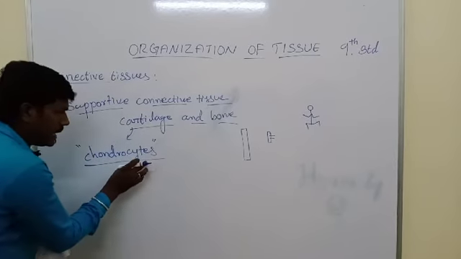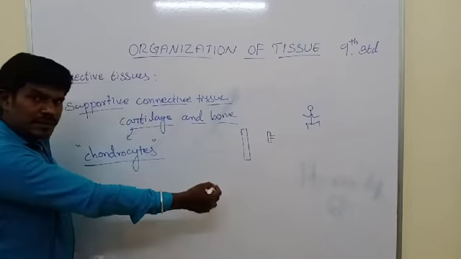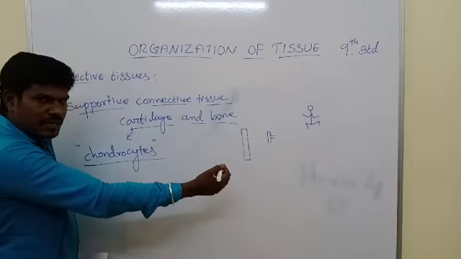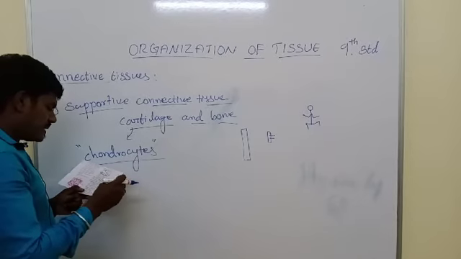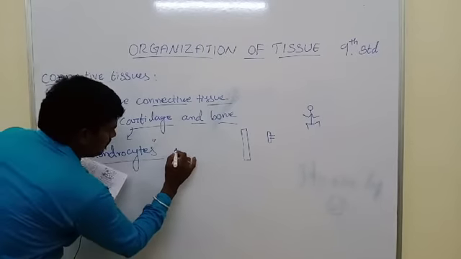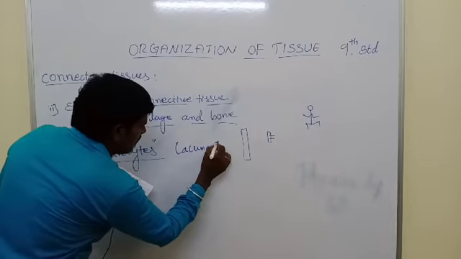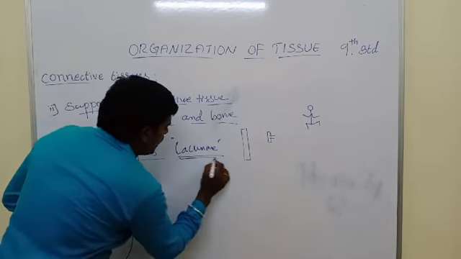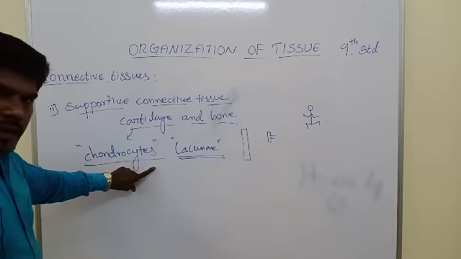The cells are present inside, filled with some substance, maybe matrix substance. That gap, that space, is called lacunae. So lacunae are present, and chondrocytes are present.